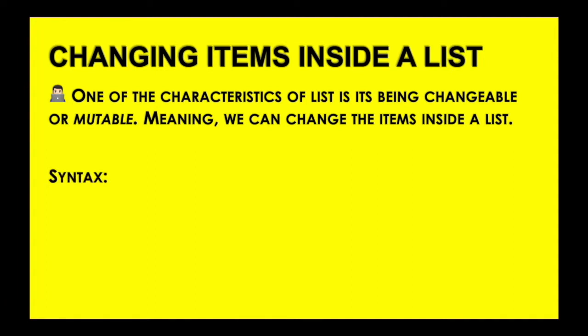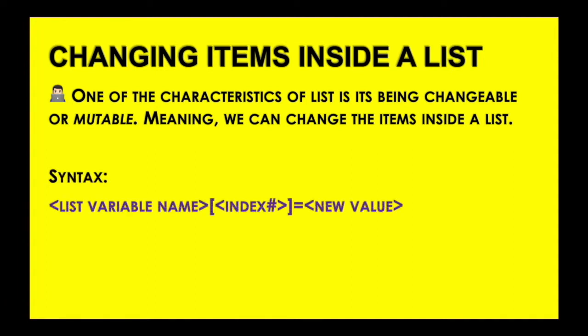Okay, so for the syntax of how to change an item inside a list, it is very simple. First, we type the list variable name, then after typing it, we have our square brackets. Inside the square brackets, we put the index number of the item that we want to be replaced or changed. Then an equal sign, and of course, this will be the new value.